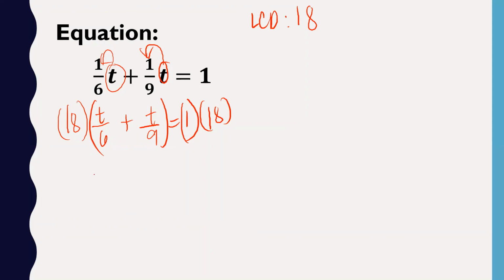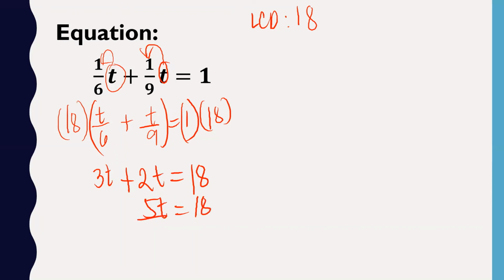That would give us 3t because 18 divided by 6 is 3, times t, plus 18 divided by 9, 2, times t, 2t, is equal to 18 times 1, 18. Combined together, we have 3t plus 2t, 5t, is equal to 18.